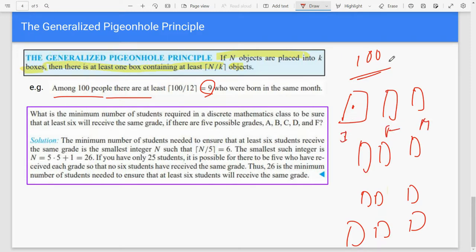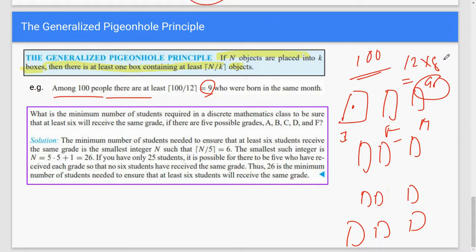You keep doing this. Out of 12 buckets, each bucket is at most going to have 8 people, so in total 96 elements will be there.